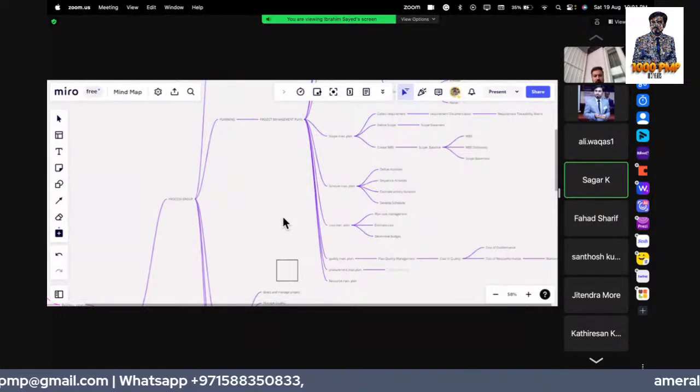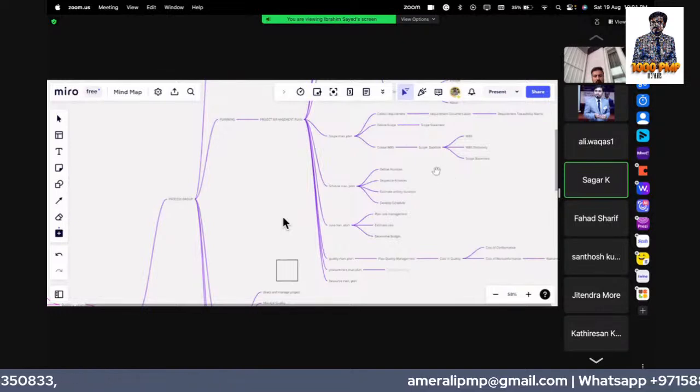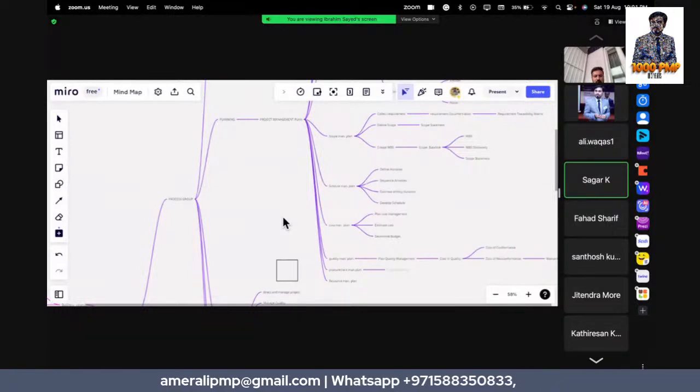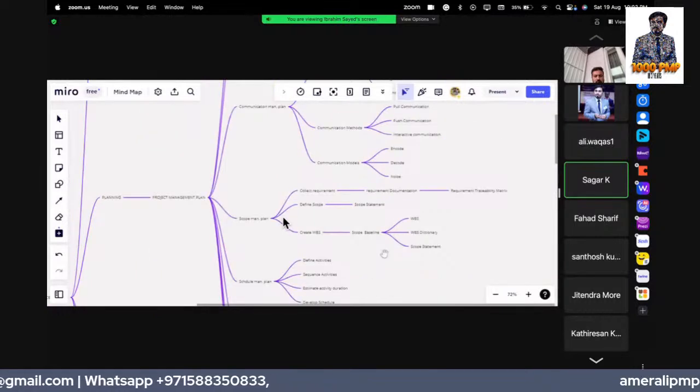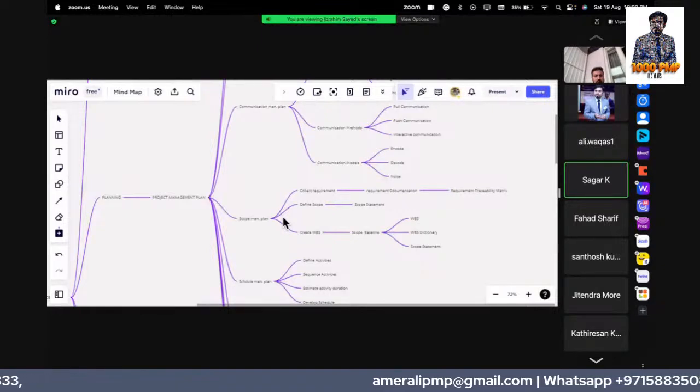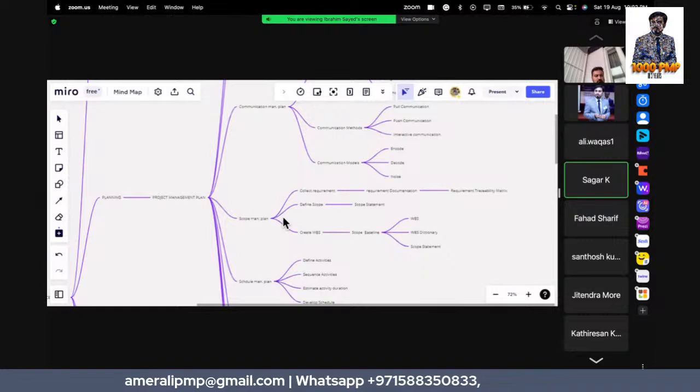If we take one knowledge area in the planning process, we can take the scope management plan. Scope management comprises collect requirements, wherein the requirements are collected.